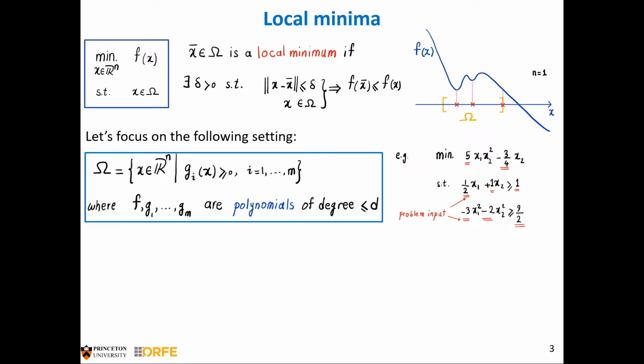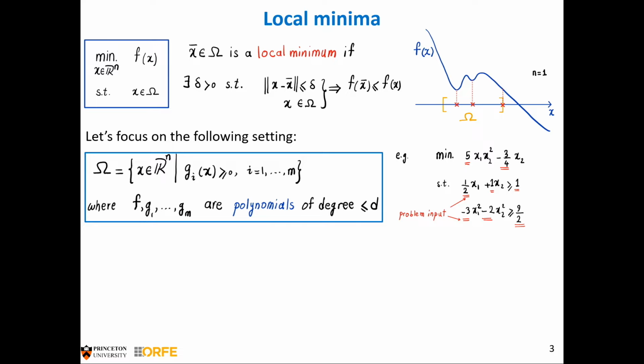And moreover, I want to study the complexity of this question in the so-called Turing model of computation, where the input needs to be given to me with a finite number of bits. So if I have a polynomial optimization problem, the input would be all the coefficients that define the objective and the constraint functions, and I take them to be rational numbers.